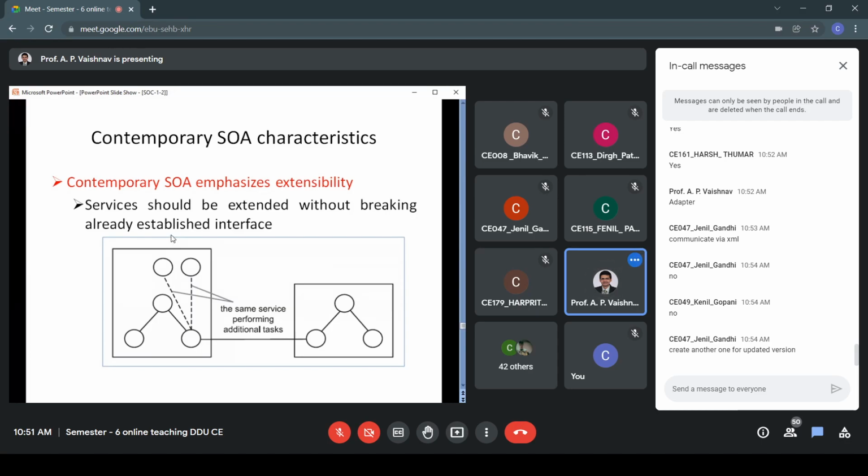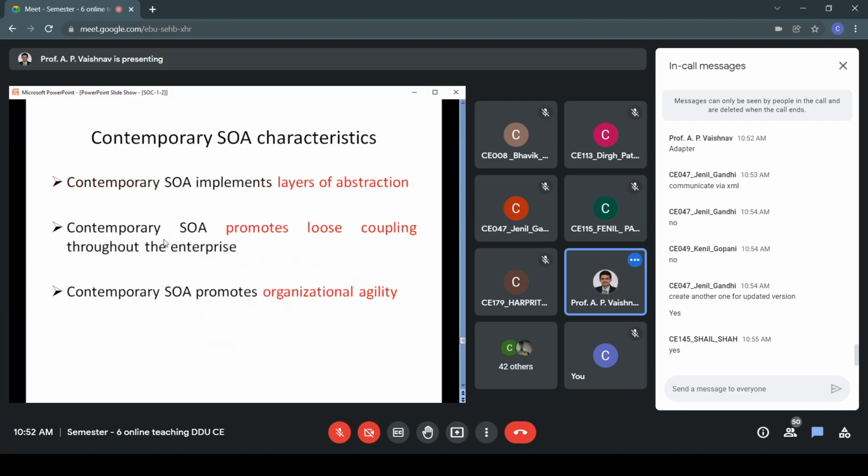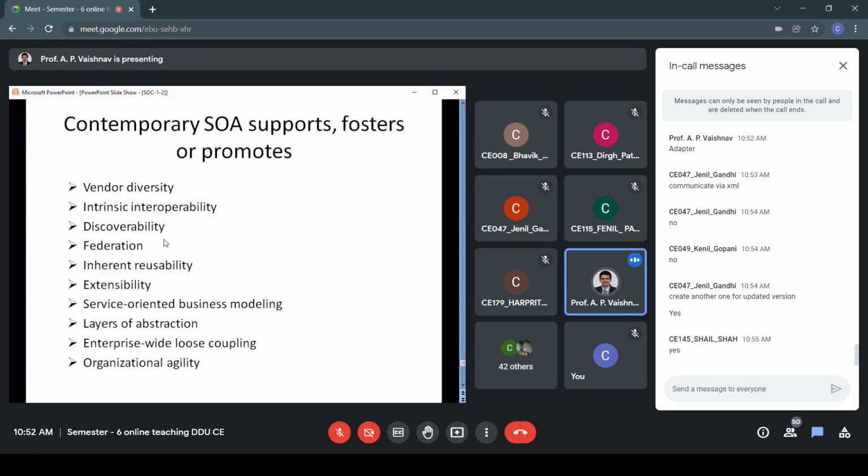The clients already using your system will be suffering, because until you make the change, you have to take your service down. So can I say that this is extending the existing service, or extensibility? Yes, this is known as extensibility. Don't modify or break down the existing interface. Just focus on adding additional features. So that is the next characteristic.